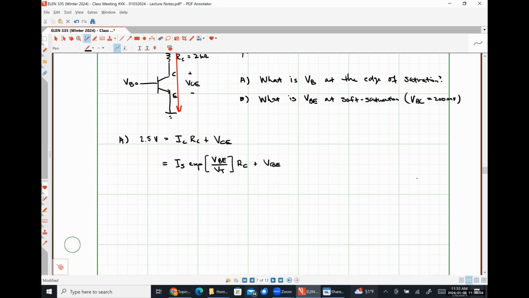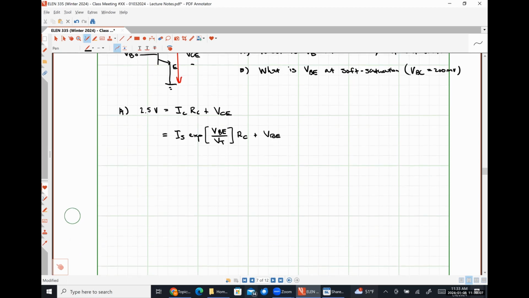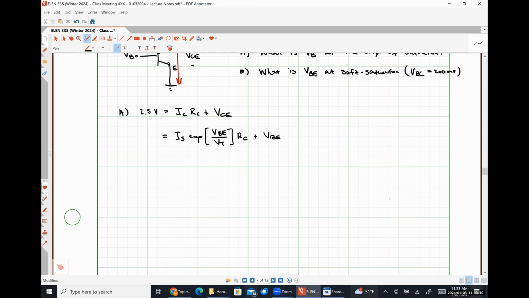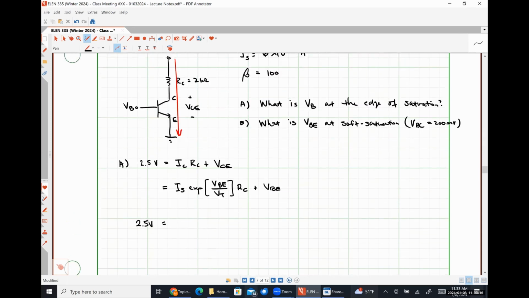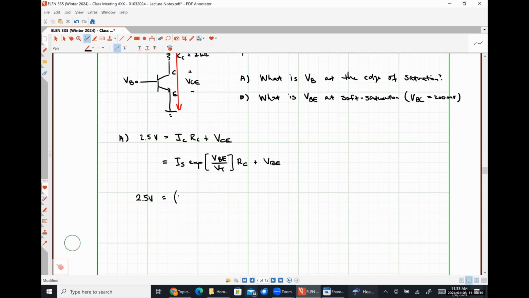So plugging numbers in here, I can see that 2.5 volts will be equal to, let's scroll up, 2 kilo ohms times 6 times 10 to the negative 16 amps times the exponential of VBE, my variable, divided by 0.26 volts plus VBE.